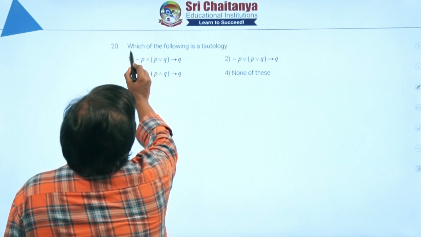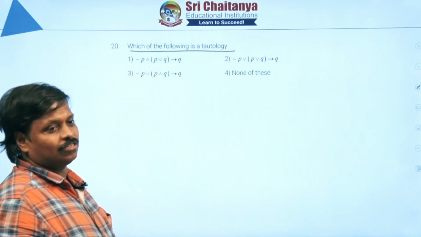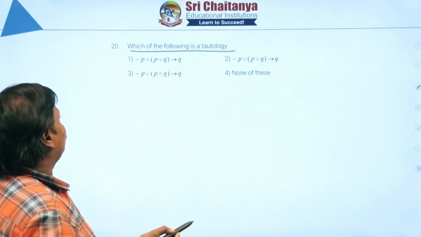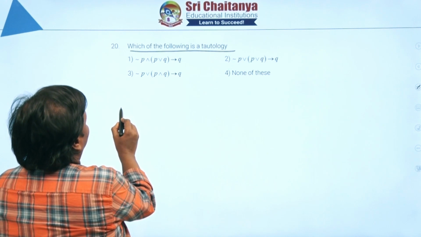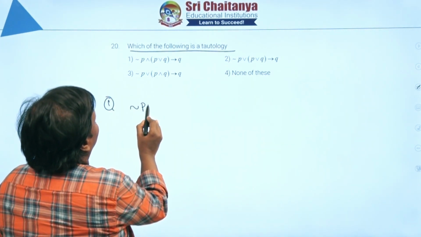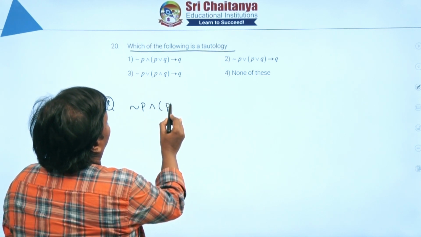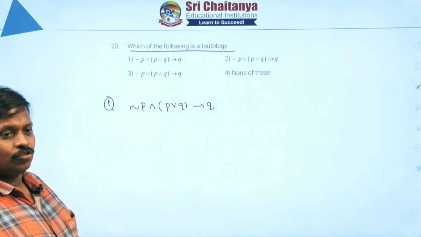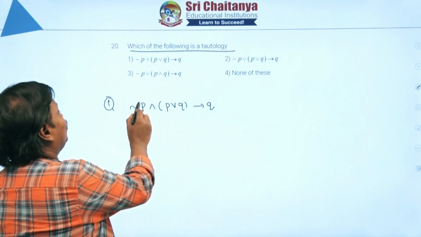In this question, he is asking which of the following is a tautology. You can answer this by writing truth tables also, but I am using properties. So I am taking the first option, negation of P and P or Q implies Q. This is the question. So I am using the distributive property.